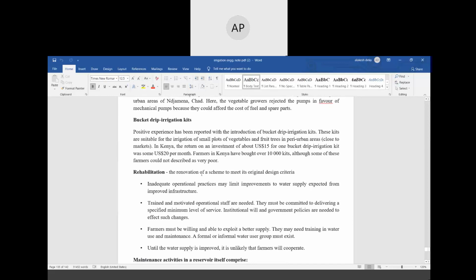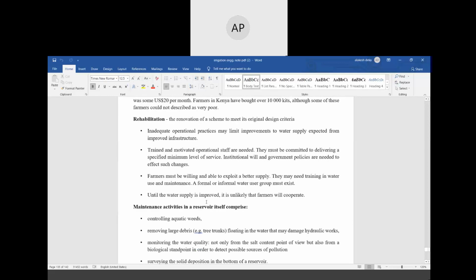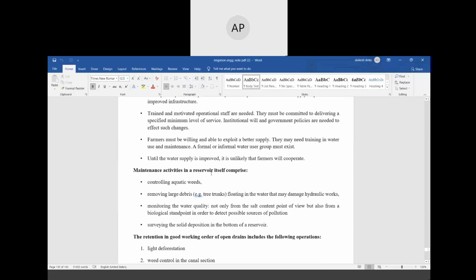Rehabilitation is the renovation of a scheme to meet original design criteria. Maintenance activities in the reservoir itself comprise controlling aquatic weeds, removing large debris, that means tree trunks floating in the water which may damage hydraulic works, monitoring the water quality, not only from the salt content point of view but also from a biological standpoint, and surveying the solid deposition at the bottom of the reservoir.